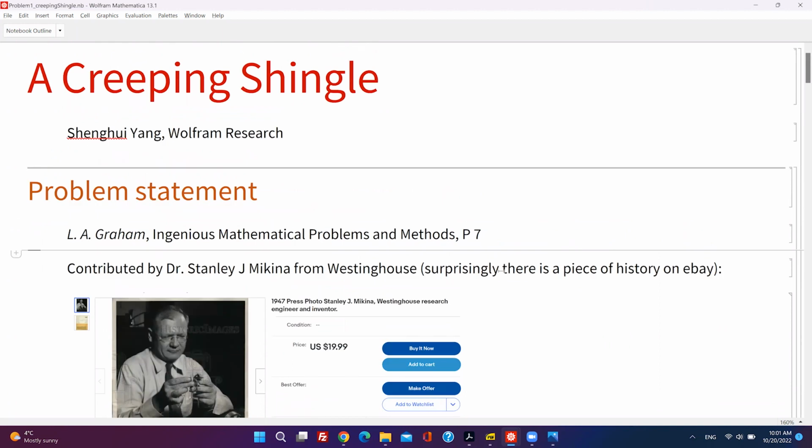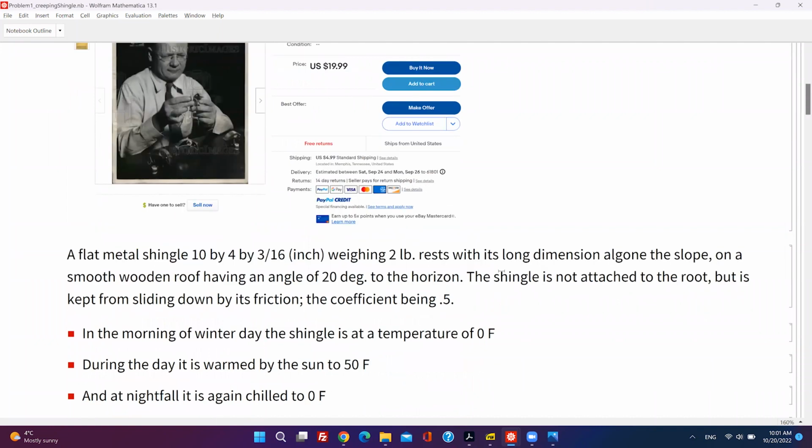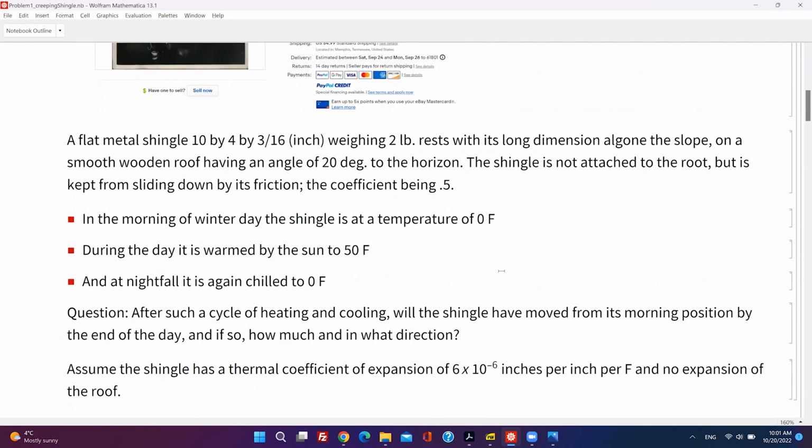It's about a shingle. A shingle is like a tile on your roof, on an inclined roof. The problem states like this: you have a piece of metal shingle on your roof. It's smooth, meaning we don't have bumps, but you still have friction on that. The dynamic coefficient of friction is 0.5.